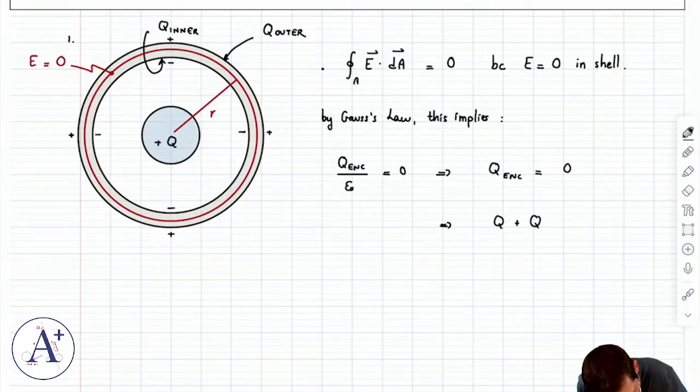So Q plus Q inner has to be 0. In other words, Q inner has to be minus Q.